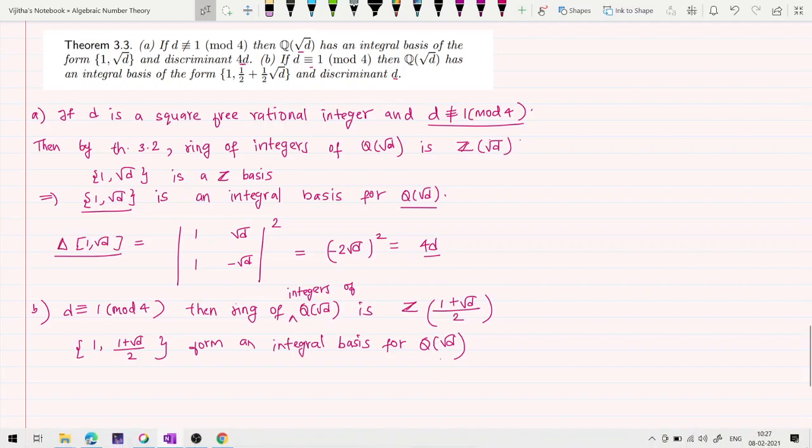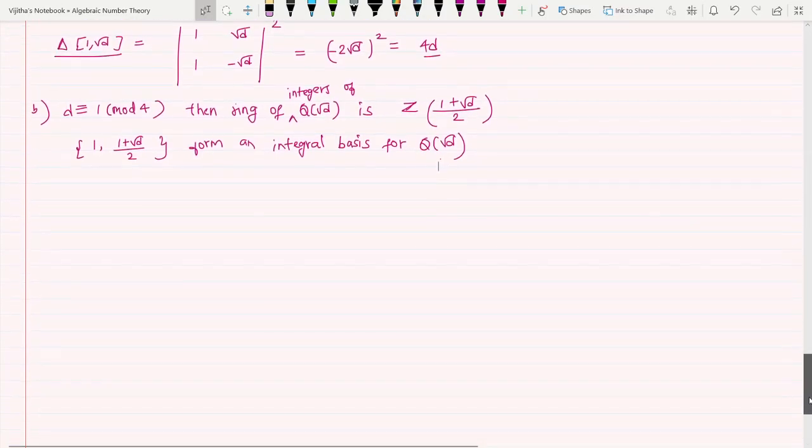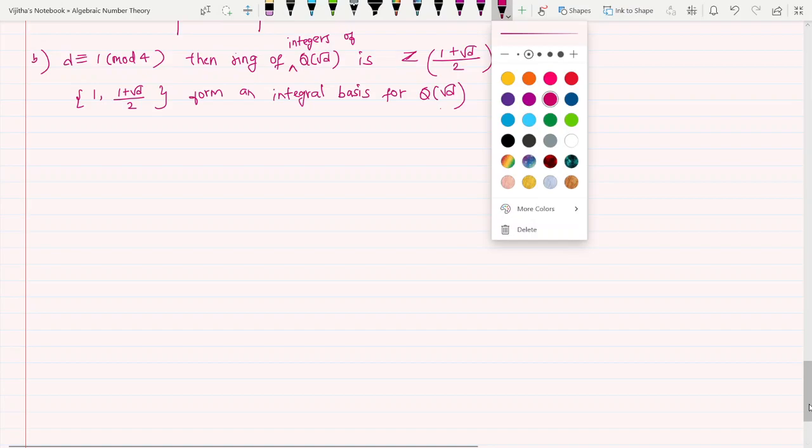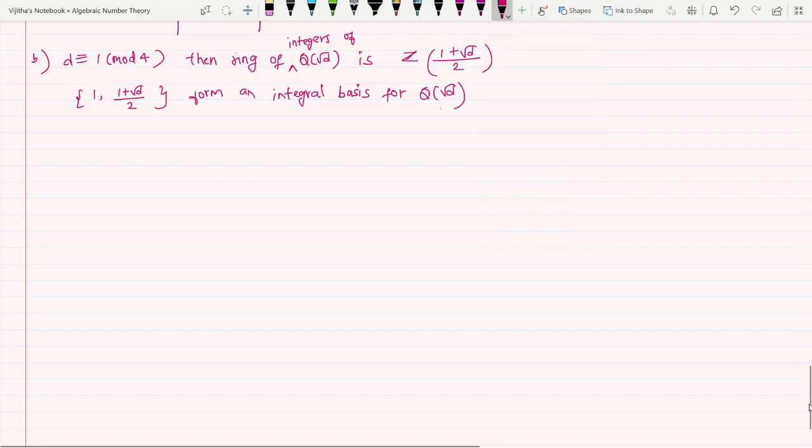Now next we have to find its discriminant. As we did in the A part, now we will see what will be the discriminant of 1 comma (1 plus root d)/2.